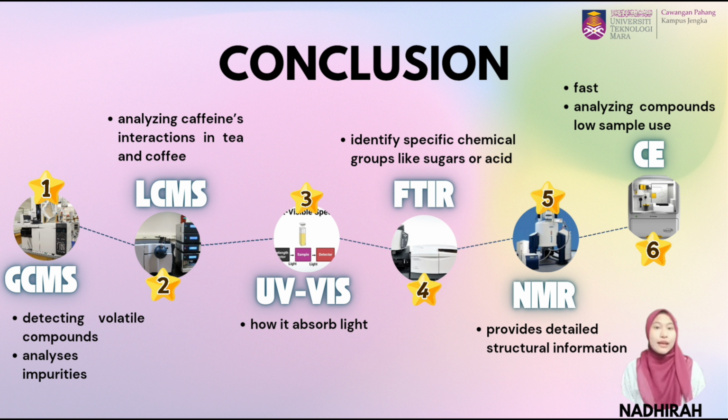For simpler tasks, UV spectrophotometry can quickly measure caffeine based on how it absorbs light, while Fourier transform infrared spectroscopy (FTIR) helps identify specific chemical groups like sugar or acid. Other than that, nuclear magnetic resonance (NMR) spectroscopy, though less common for caffeine, provides detailed structural information.